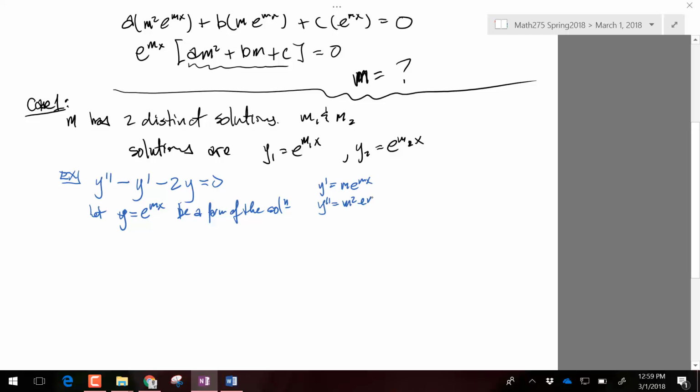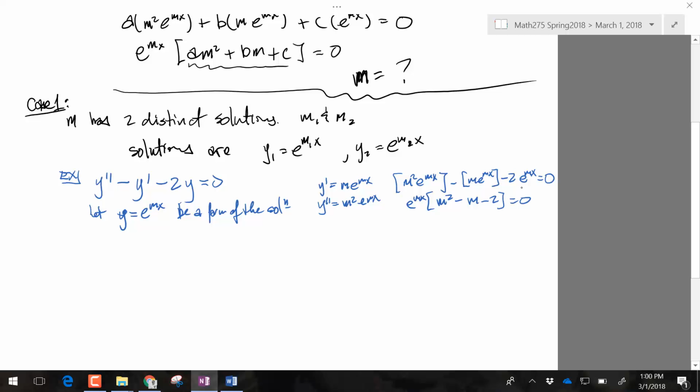M squared e to the mx. And so we have m squared e to the mx minus m e to the mx minus 2 e to the mx equals 0. And factor out the e to the mx. M squared minus m minus 2 is equal to 0.